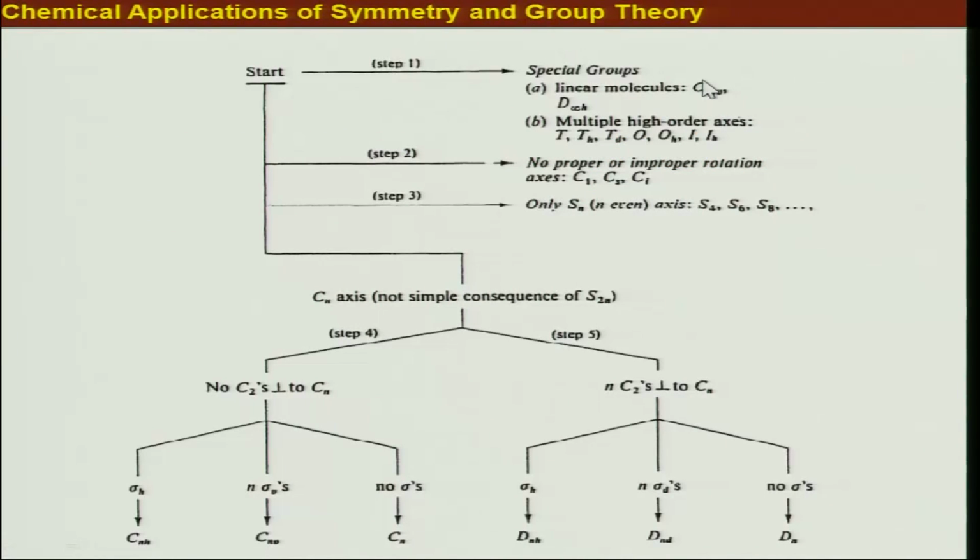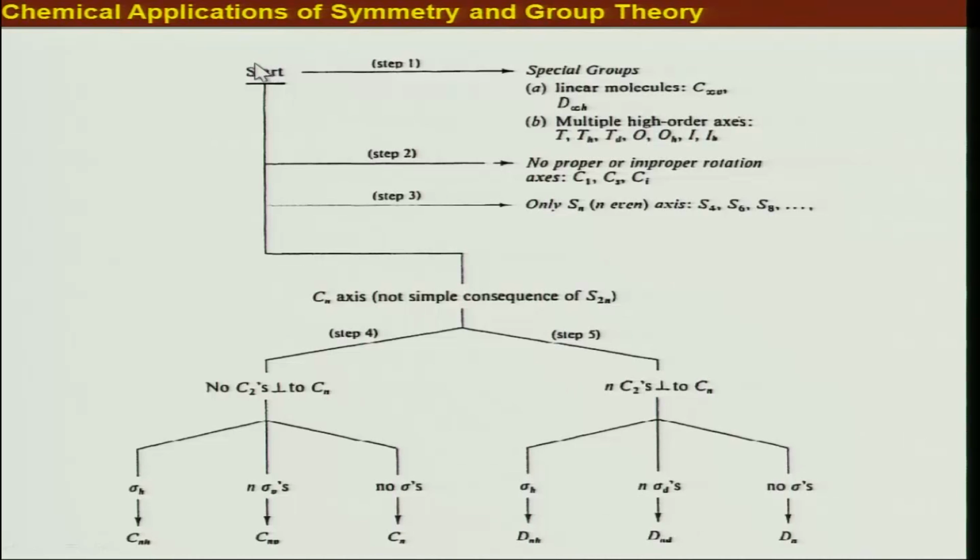On your screen you have a flow chart which summarizes that systematic procedure for finding which point group your molecule belongs to. After you have found your molecular structure and figured out all the symmetry operations present, you start here.